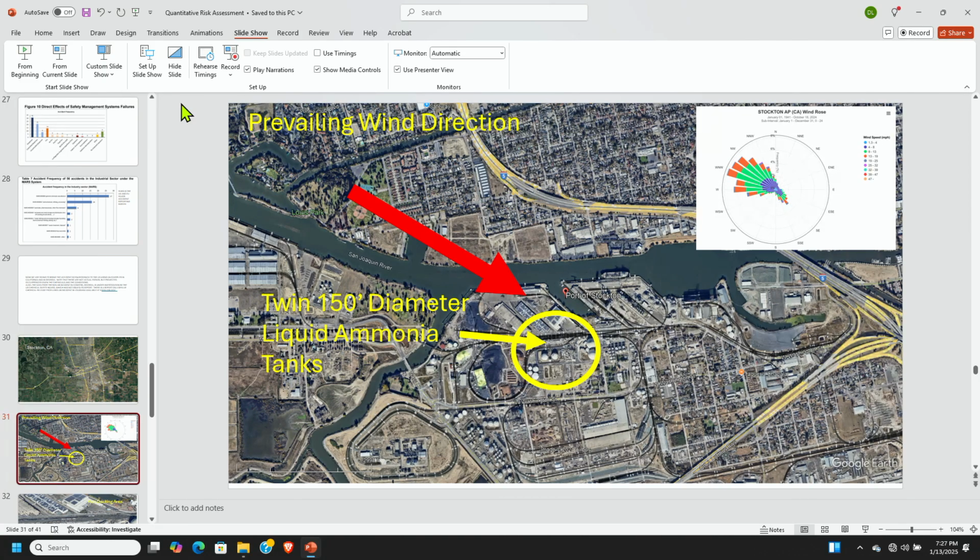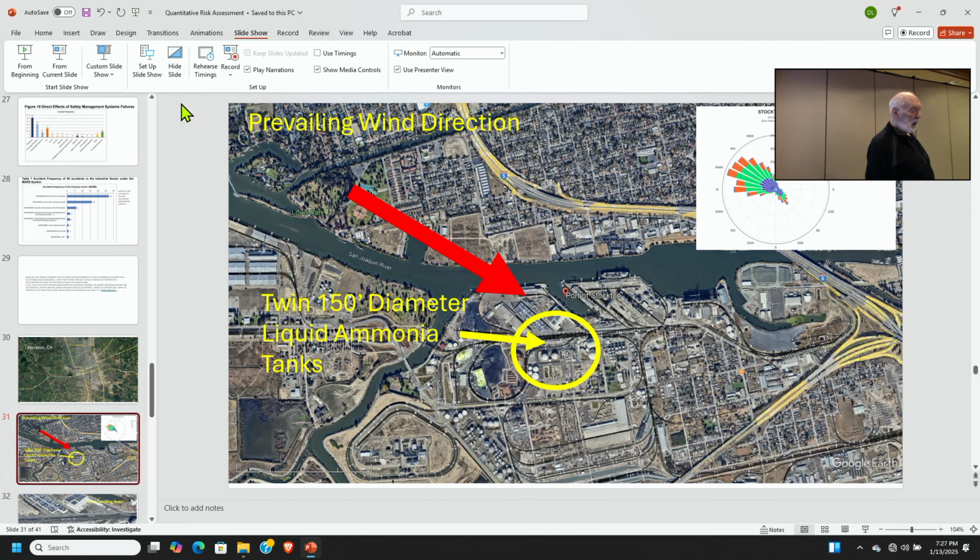They bring in massive shiploads of refrigerated liquid ammonia and pump them into these massive tanks, 150-foot diameter liquid ammonia tanks. Where does the ammonia come from? It is probably Russian ammonia. It was at one time, and may still be.